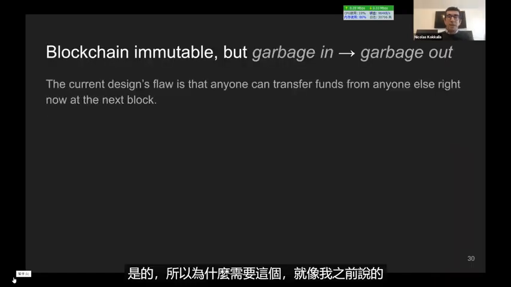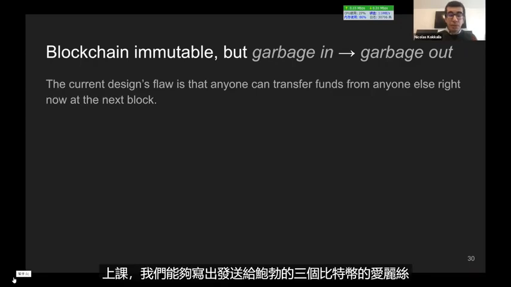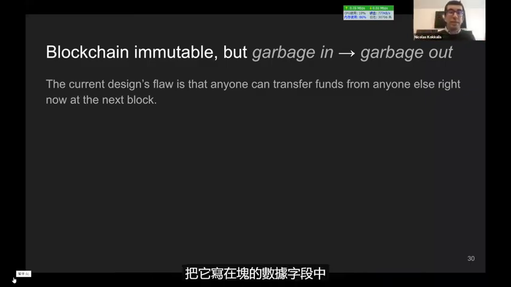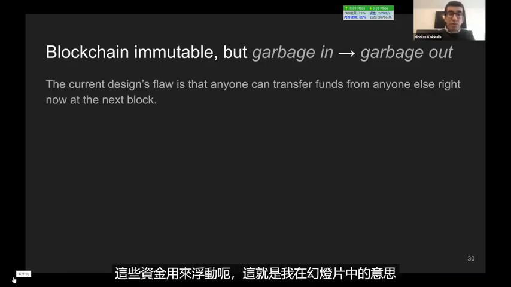Right. So why is this needed? Like I said, in the previous class, we were able to just write Alice sent to Bob 3 Bitcoin. We just wrote it there in the data field of the block. But there's no guarantee that Alice is the one who is actually sending those funds over to Bob.